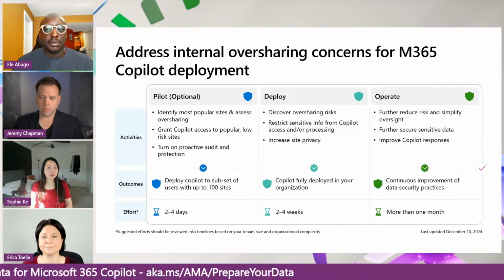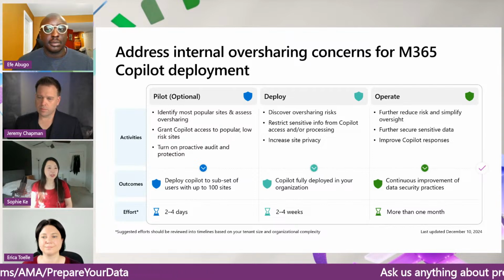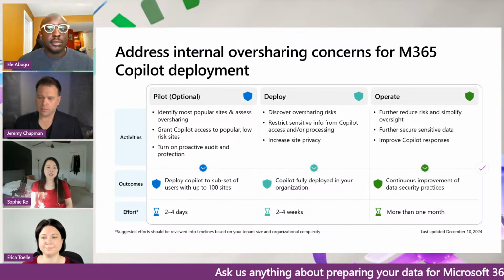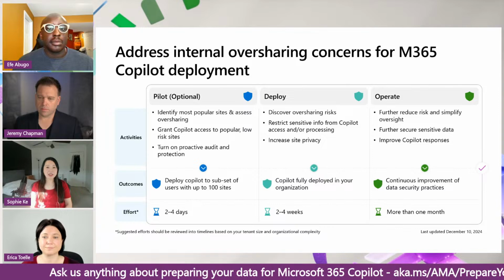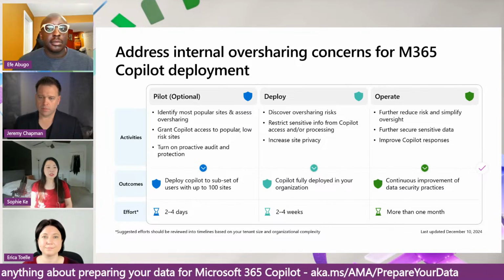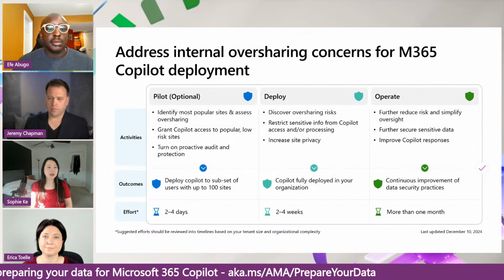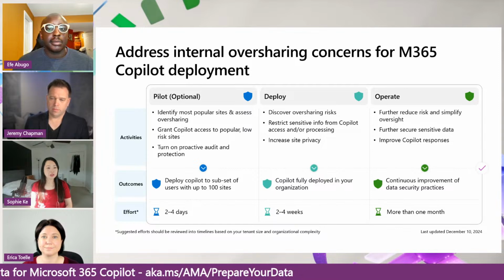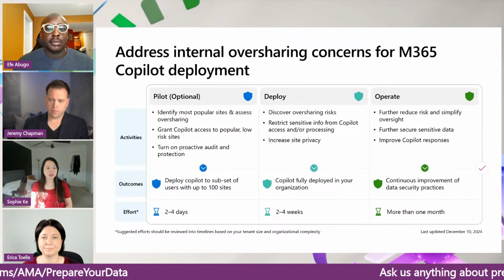So we have 3 phases. The first phase is an optional pilot phase, where if you're just getting started and you're not ready to deploy Microsoft 365 Copilot to your entire tenant at this moment, you can consider using the optional pilot phase and RSS, restricted SharePoint search, to deploy Copilot to that subset of users with up to 100 sites.